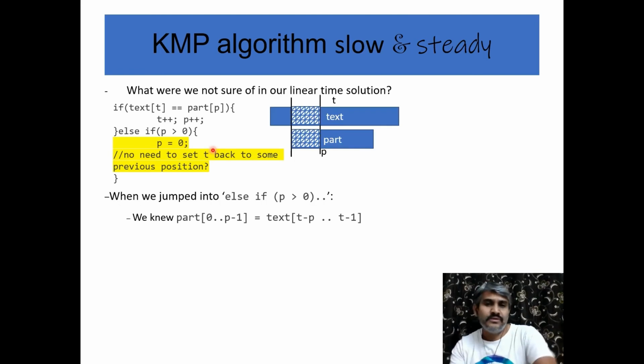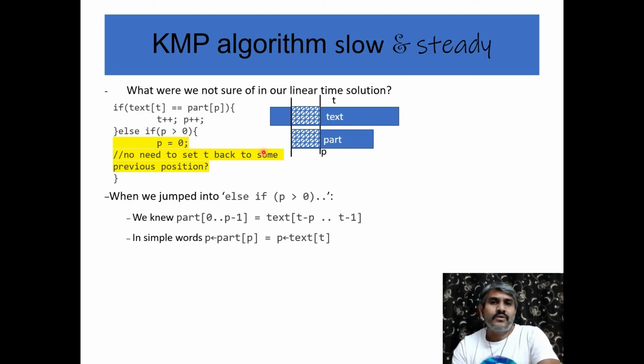Now, if we look a bit more closely into the possibilities when we hit the situation where we have a failed partial match, if we just draw a border here as depicted, we are at index t in text and at index p in part, and the characters at those two indices don't match, but p characters behind those indices match with each other in both the part and text.